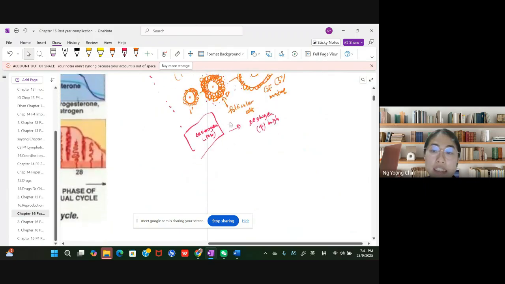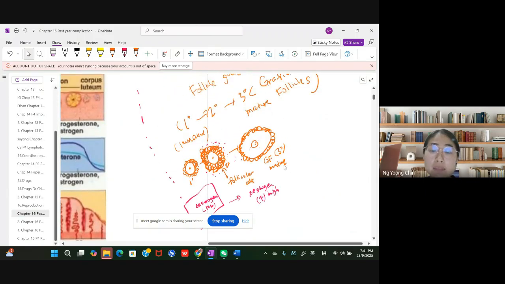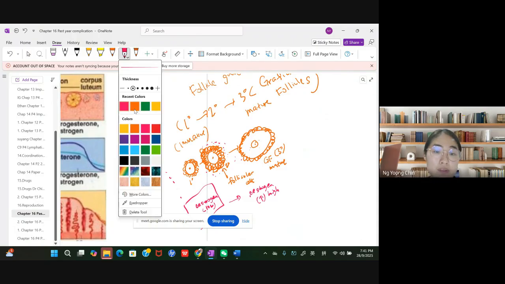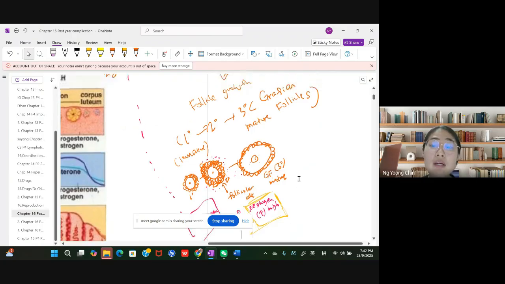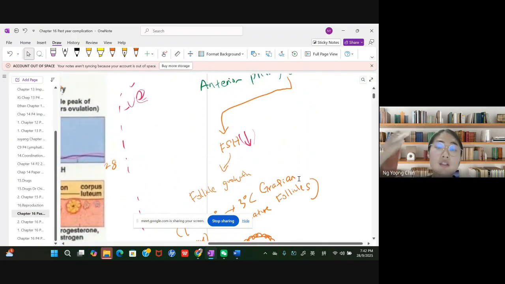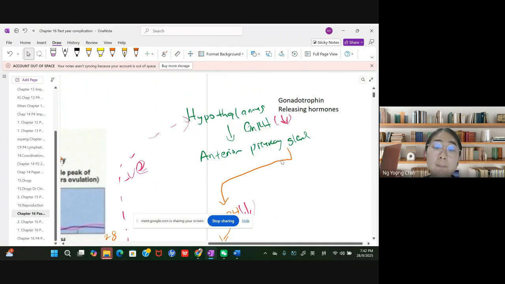But when the estrogen level becomes higher and higher, because the follicle cell is growing, it will secrete more estrogen. So I will use this yellow color. When the estrogen becomes higher and higher due to the follicular cell growth, it will induce a positive feedback toward the hypothalamus.